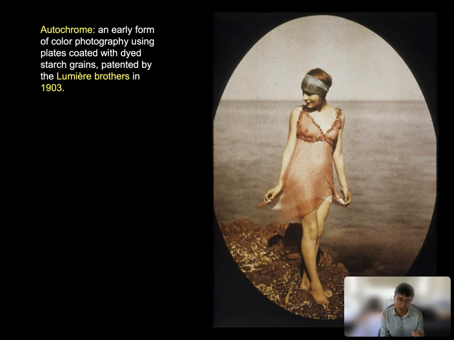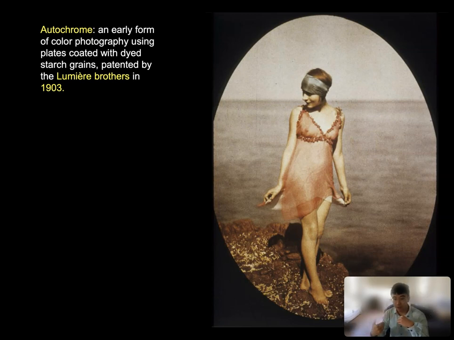People used all kinds of pigments to paint on black and white photographs. So it's a pursuit of trying to reveal the world as close to reality as possible. And autochrome is a game changer.